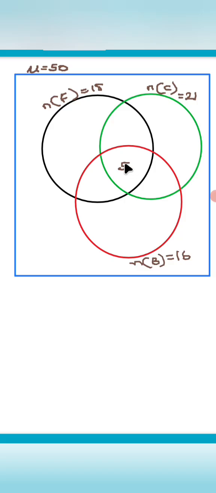Since we have already put that 5 in the center, we want to label only this place. So we have to subtract that 5 from that 7, which gives us 2. So here we have 7 minus 5, that will be 2.